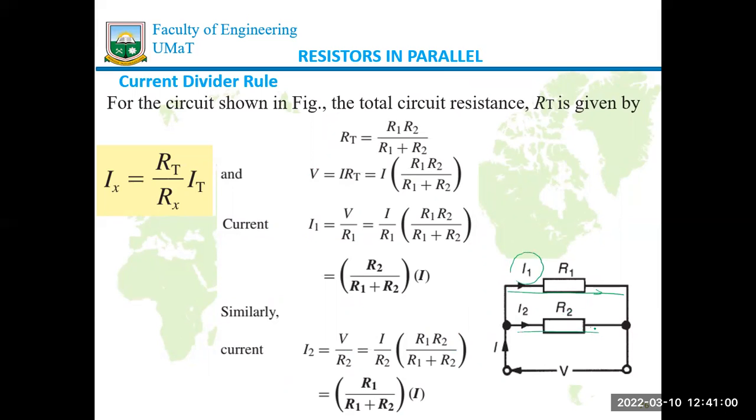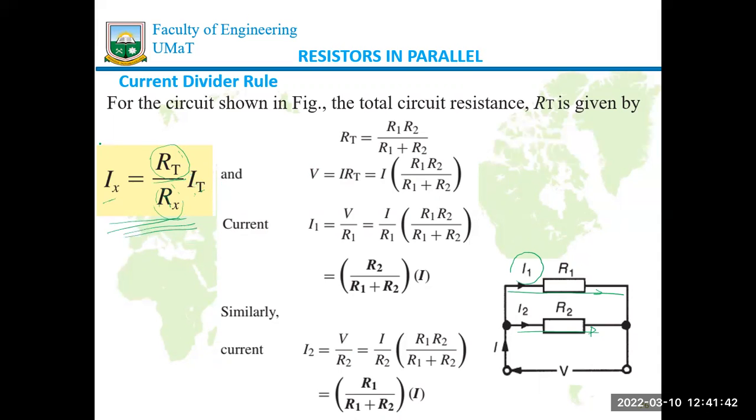Okay, and that rule says that whichever branch I'm looking at, so whichever current it is, I should find the total resistance in the circuit divided by the resistor in that very particular branch, times the current that was flowing before the division, before the node where several branches emerge. Okay, so there's a general rule.